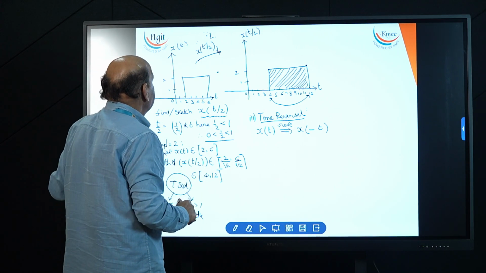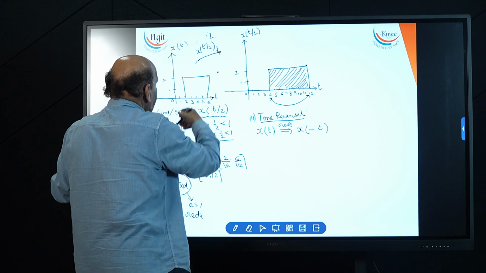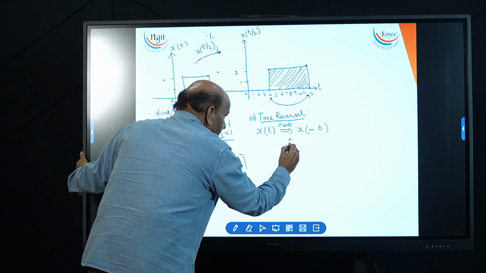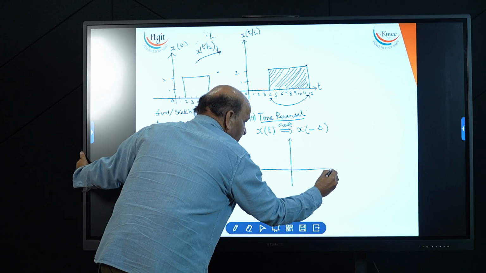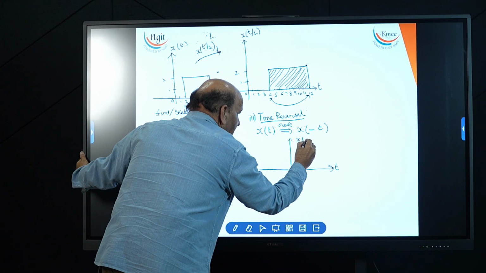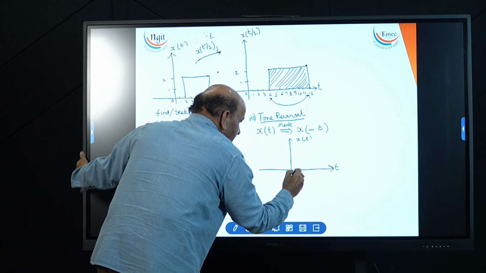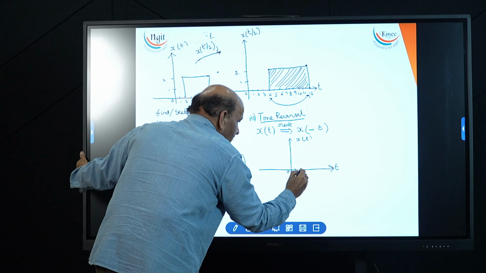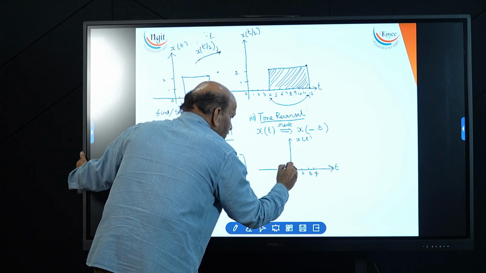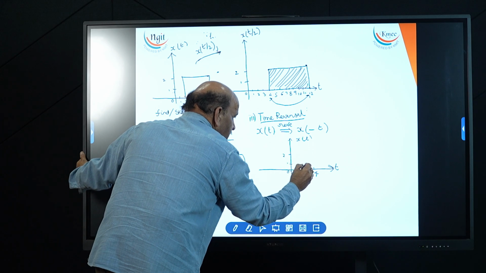For example, take this signal or any other signal. This is t, this is x of t. 0, 1, 4. Amplitude 1, amplitude 2.